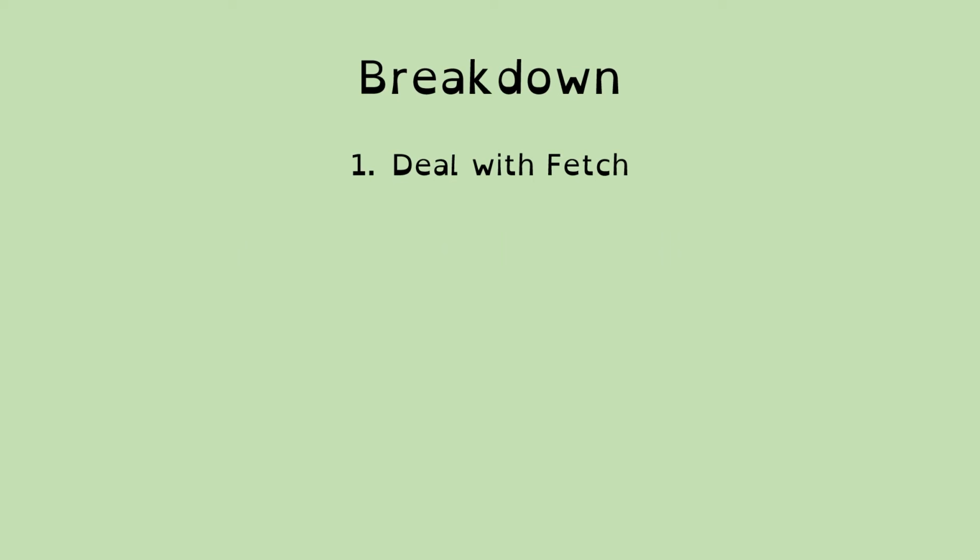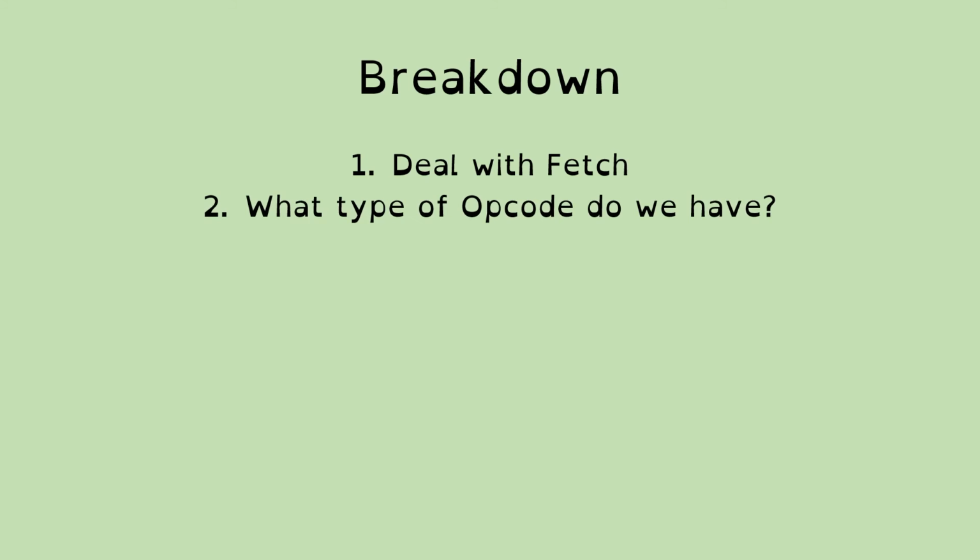So first of all, we need to deal with the fetch. We've talked about that already. Then we've got the question: what type of opcode do we have? Is it halt? Is it jump? Is it a register transfer, or is it an ALU command? So we've got our four broad categories.